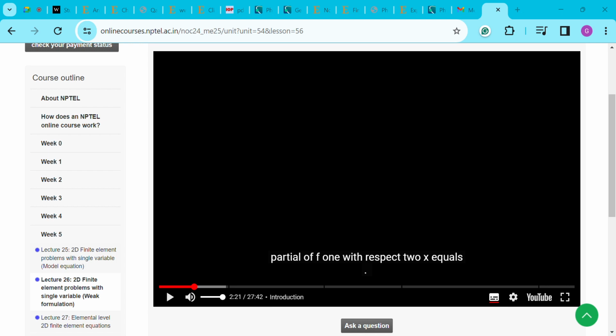Say 21, so it could be 1.1, 1.3, 1.4 randomly, just because of approximation and round-off error. Based on this, 1 by that could be 1e20, 2e20, anything. So this one shouldn't be close to the machine accuracy.